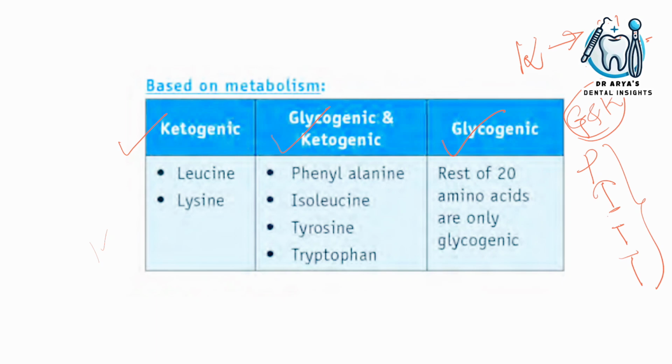Then all other 20 amino acids are only glucogenic. Okay, so ketogenic amino acids are leucine and lysine. Glucogenic and ketogenic are phenylalanine, isoleucine, tyrosine and tryptophan. And the rest of the 20 amino acids are only glucogenic.